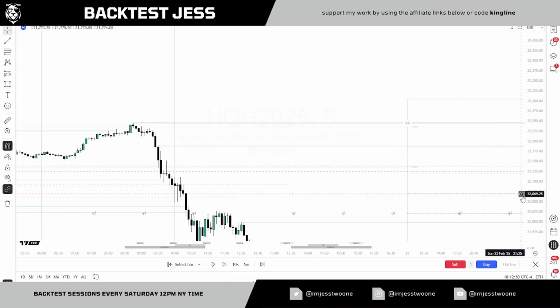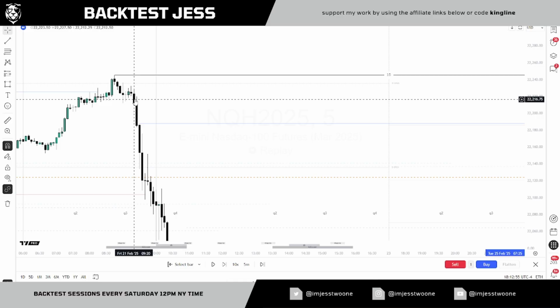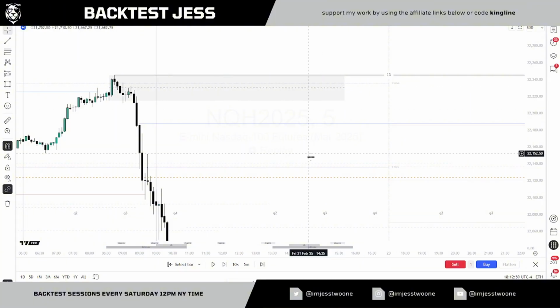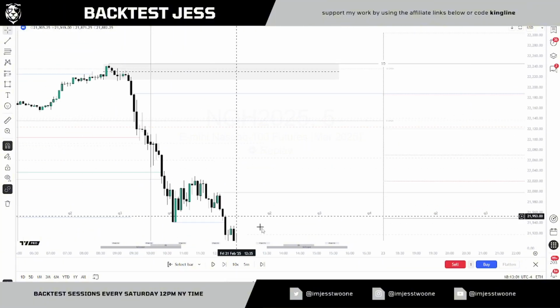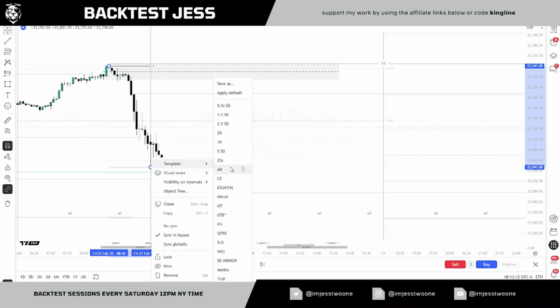We don't close the zone until here, which does make it a Q3 zone here, and of course we missed this one obviously, but let's say we have our fib drawn initially here to this swing, hoping that it'll come back and tag us in.